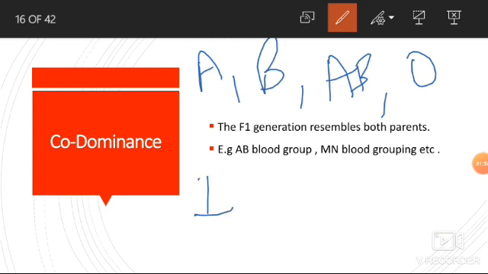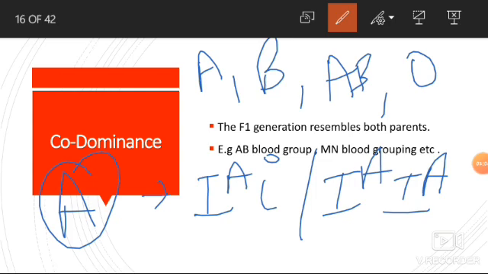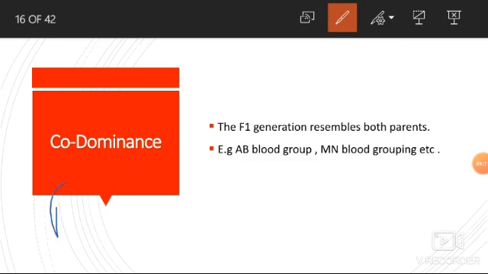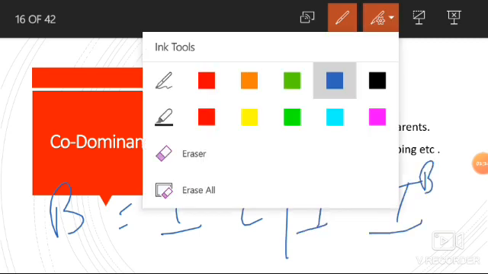A will be shown by these two types of genotype, I^A i and I^A I^A. Same as B also: I^B i and I^B I^B. This is B blood group.